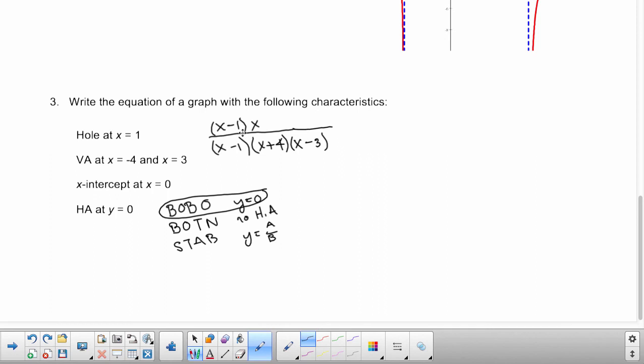And let's check, what degree do we have on top? Well, we have an x times an x minus 1. When we distribute this out, our highest degree is going to be associated with x squared, that 2 there. And when we look at the bottom, we have 3 factors, and they're each of degree 1.